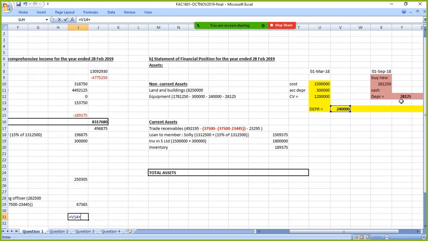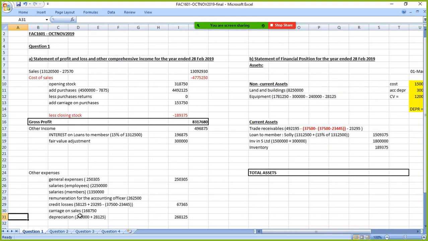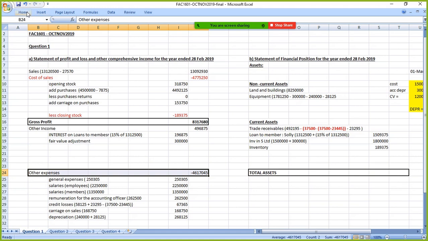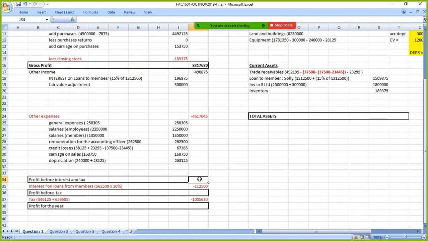Depreciation. All right, profit before tax and interest: this plus that minus the expenses gives you that figure.